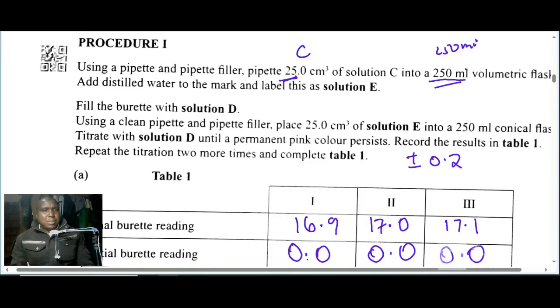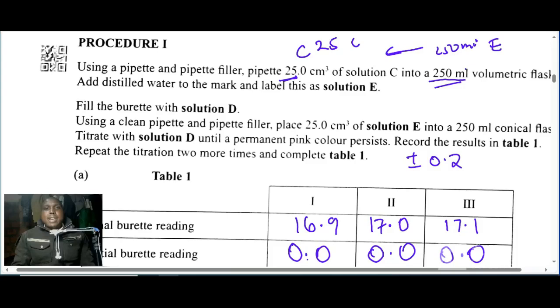What it means is that number of moles yenye itakuwa kwa 250 solution E will be equal to the number of moles in 25 solution C. Did you hear that? I said when you dilute a solution, the number of moles does not change. What changes is the concentration.